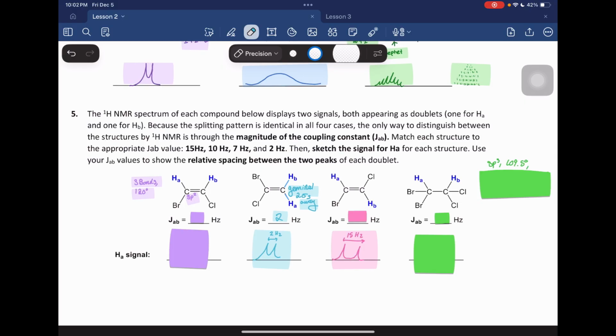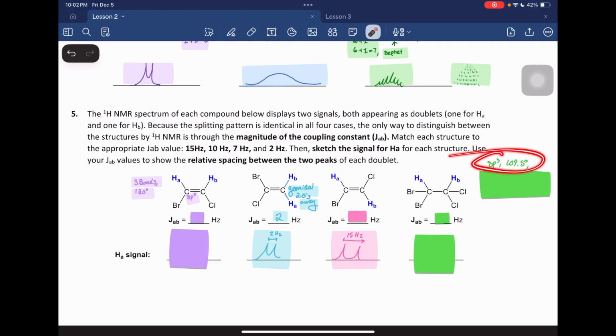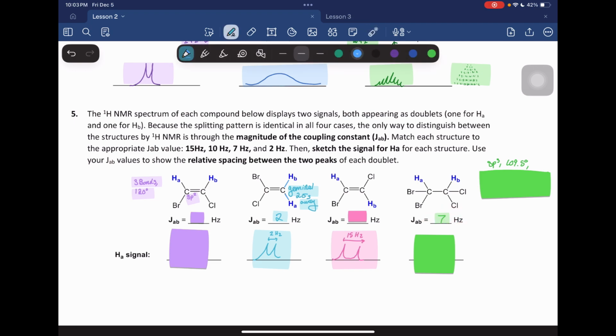When you have these 2, we have one that's 3 bonds and 120 degrees apart, and then sp3, which is 109.5 degrees apart. Because it's a smaller angle, these are going to be closer together. So this is going to end up with the second smallest, so it's going to be 7 Hz, and that's going to be that distance.